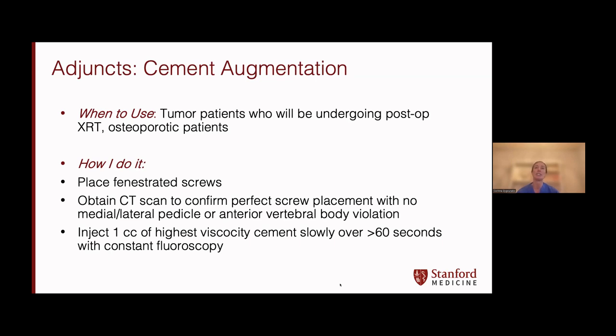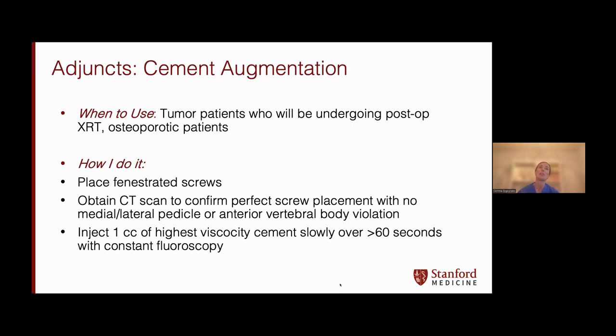So what are the things that we can do to try to prevent that? I use the highest viscosity cement that we have available. I inject small amounts. Basically, the smallest, lower amounts of cement have been correlated with less likelihood of causing these cement pulmonary emboli. And then also very slow injection. So after I have verified perfect placement of the screws on an O-arm, I am wearing lead in the operating room. I use constant fluoroscopy.